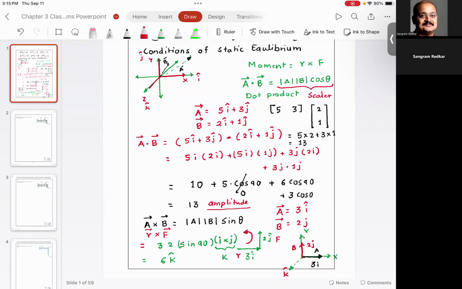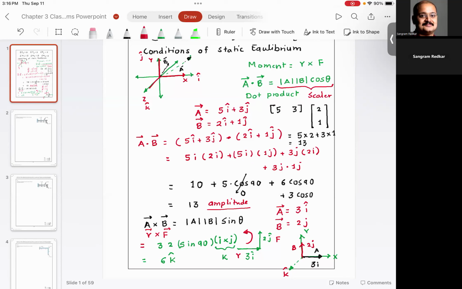In other words, cross product represents the moment of a force. If you have a vector A that is crossed with vector B, by definition of cross product, you have A, B, sine theta.